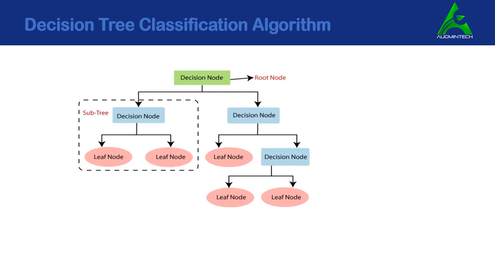So you can see here it is making subtrees, like this is one subtree, this is another subtree, and this is another subtree, where decision node is having one or more leaf nodes, and leaf node will not have any further nodes.